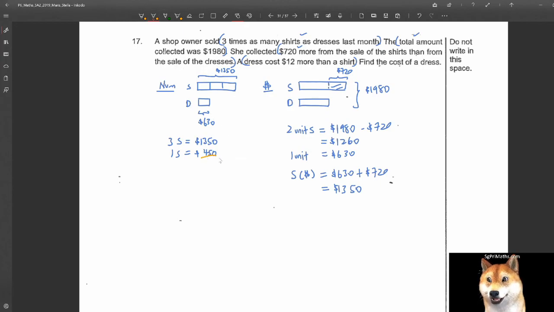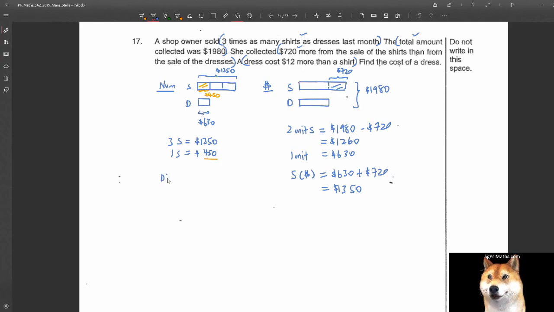So let's illustrate this on the graph model. This is $450. Then we can compare this unit and this unit.